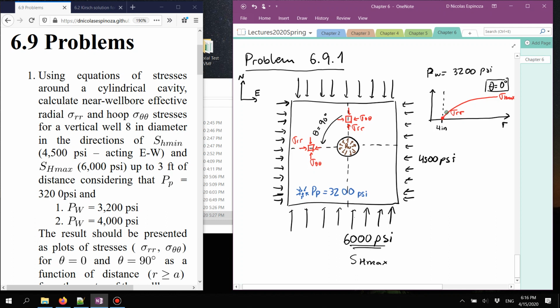So this is going to look something like this. I'm not plotting the exact answer over here. This is just a schematic, okay? I'm not going to tell you now the exact answer, but let's imagine that it starts with a negative value. So it goes into a negative value, and as it goes further away from the wellbore, it turns into positive, and it's asymptotic with sigma h min. This one will be sigma theta theta. And you should repeat this same thing.